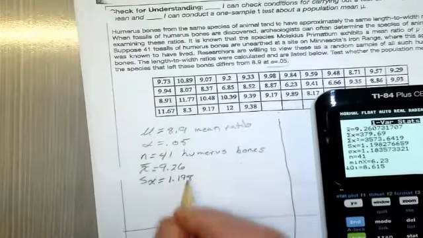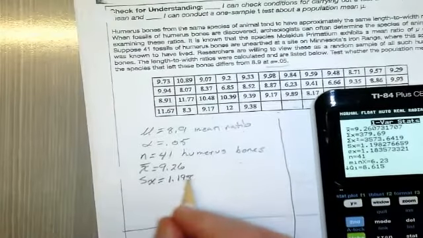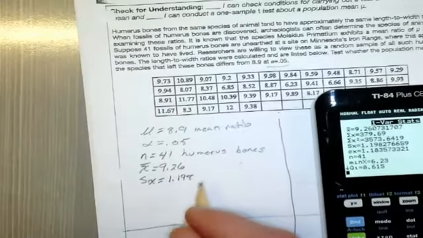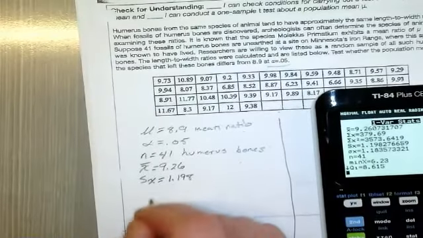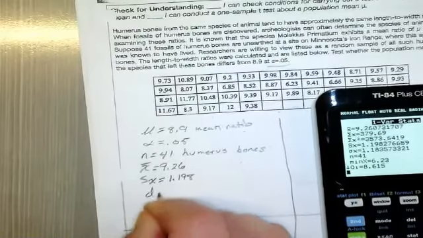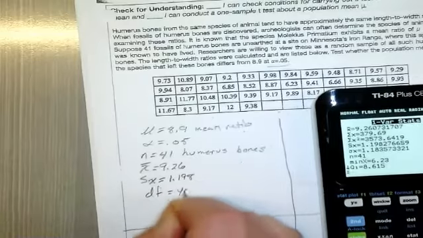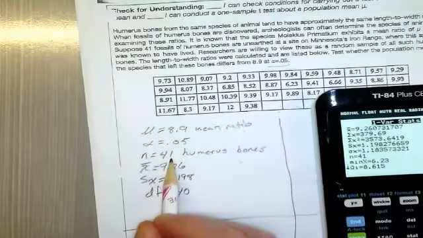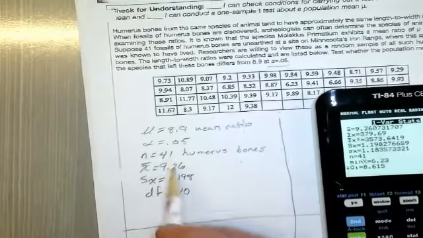I'm going to go one more place value beyond what my mean is. Okay, we know that degrees of freedom is going to be 40 because N was 41. It's always one less than that.